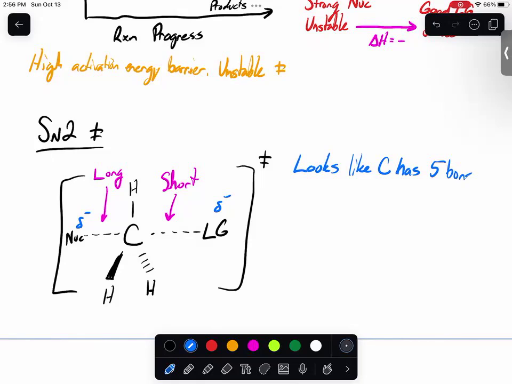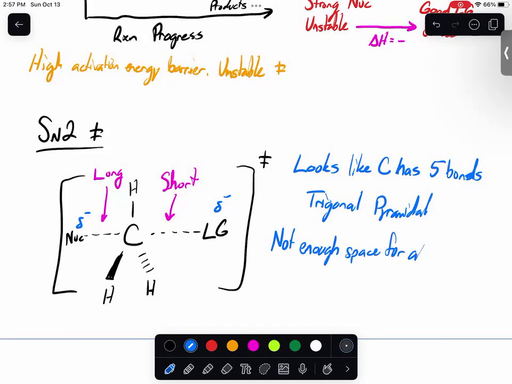We would say that this transition state is trigonal bipyramidal, right? And the trigonal bipyramidal transition state has not enough space for everything, right? Carbon is meant to have four bonds around it, and it having quote unquote five means there's not enough space for all of the bonded substituents.